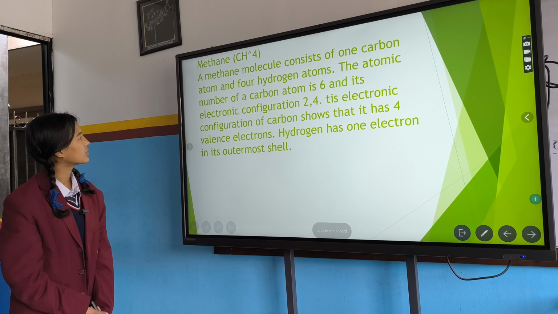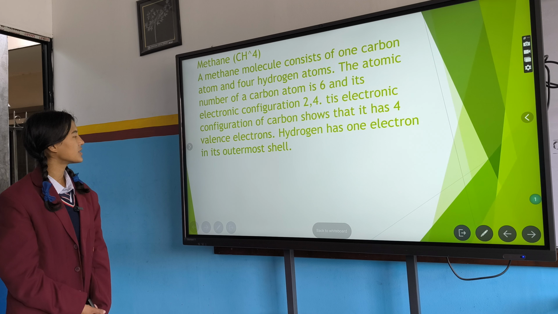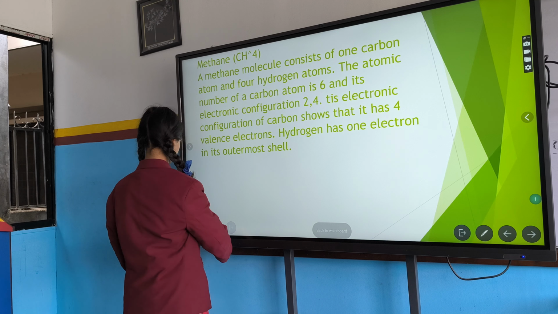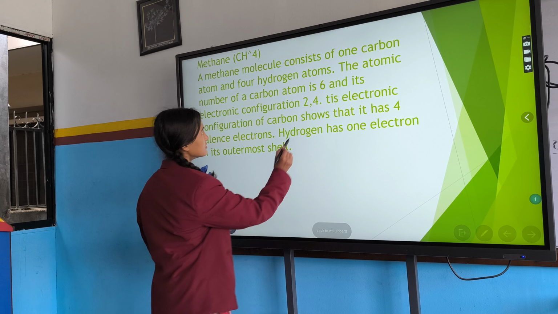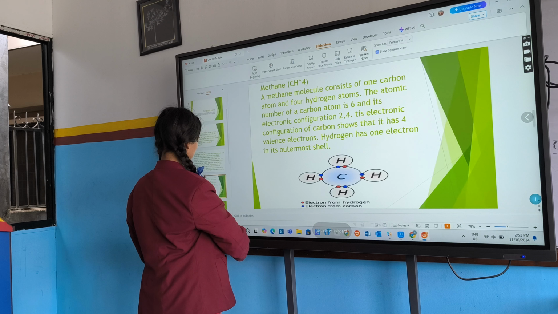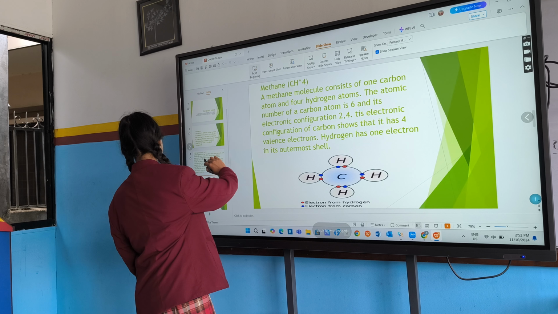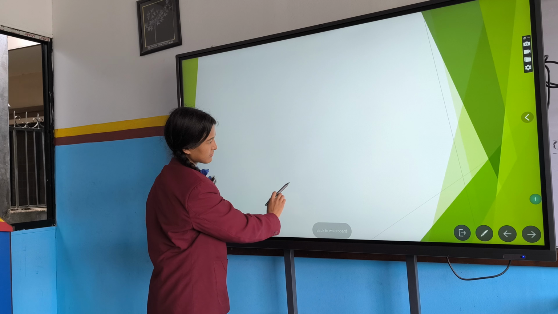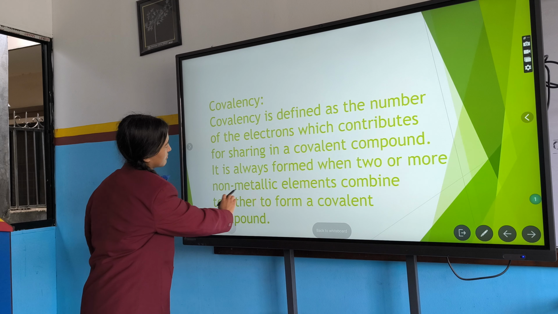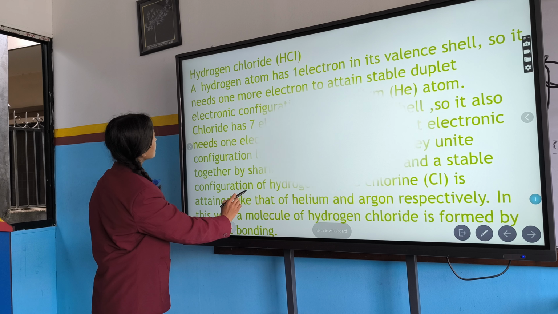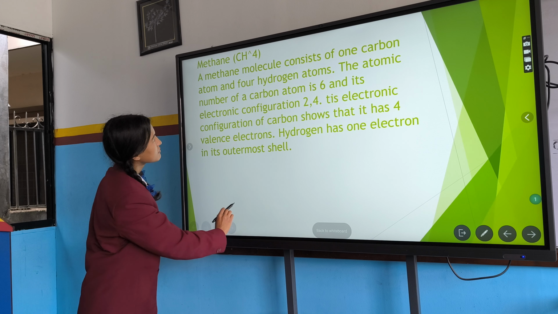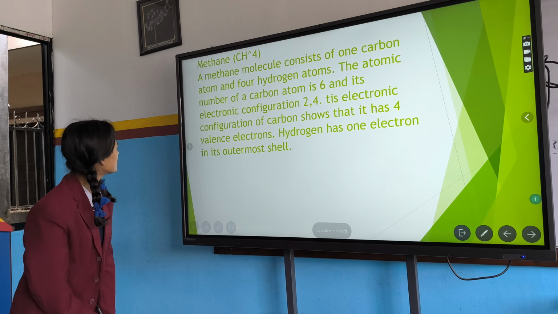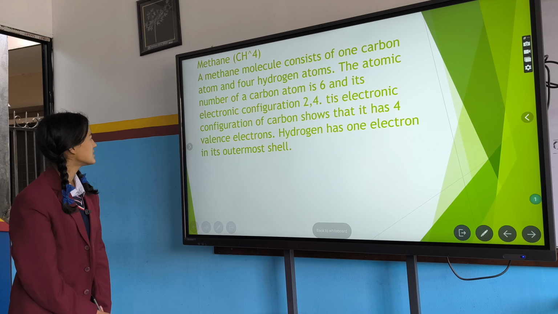The atomic number of carbon is 6 and its electronic configuration is 2, 4. So it has 4 valence electrons.